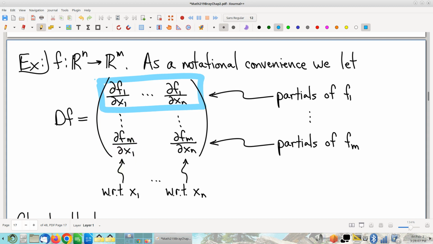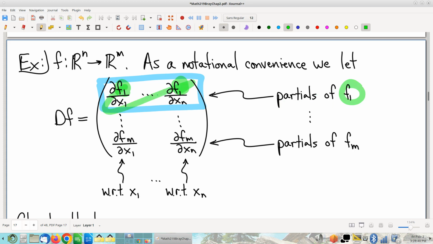A bunch of different partial derivatives, but notice they are all partials of f1. These elements have in common not what you're taking the partial with respect to, but what you're taking the partial of. So likewise, it makes sense to call this the F1 row. That makes sense? It's just terminology.